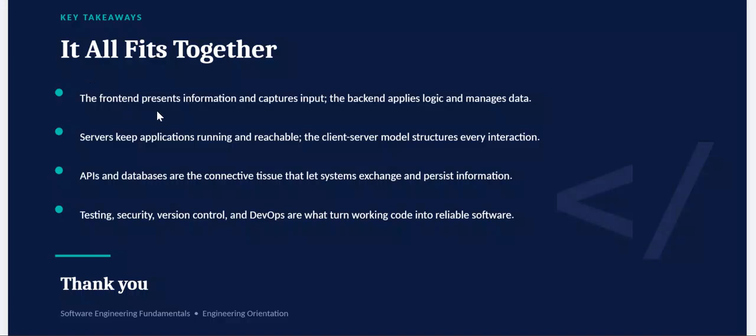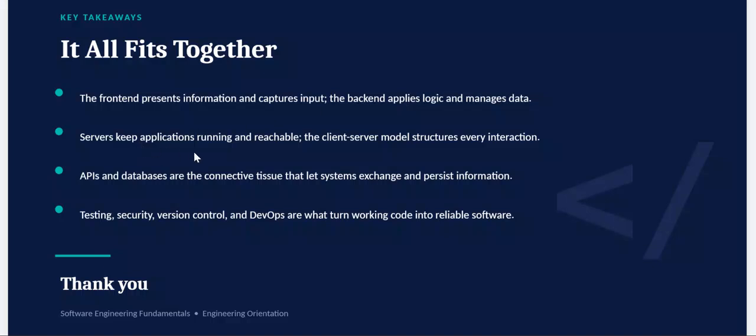The front end presents information and captures input. The back end applies logic and manages data. So the front end, what the user sees, presents information and captures the user's input and takes it to the back end, while the back end applies the logic and then manages data depending on the request that the user is making.